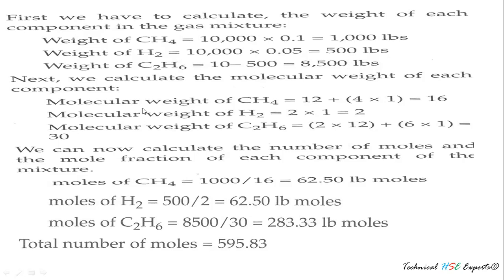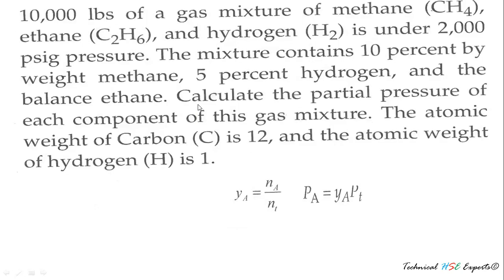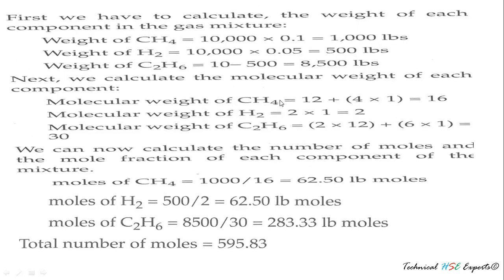In order to identify the molecular weight, they have given the atomic weight of each atom. Based on the formula, we will identify the molecular weight of the compound. I believe you know how to do this. Carbon has an atomic weight of 12 and hydrogen has 1. There are 4 hydrogen atoms, that means 4 into 1.